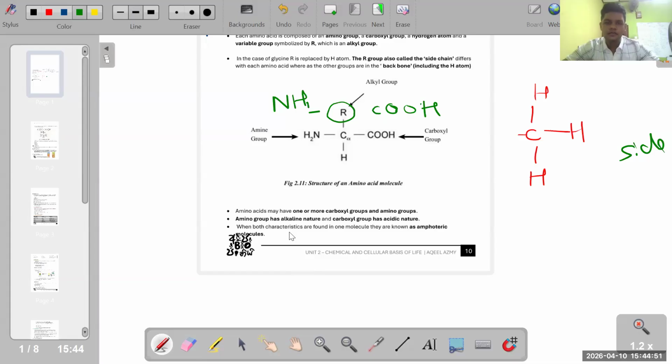Alkaline means... I'm sure that you are a bit familiar with acidic. What is meant by acidic? Acidic means a lower pH. Yes, acidic means a lower pH. Alkaline means basic nature or higher pH than the neutral, right?